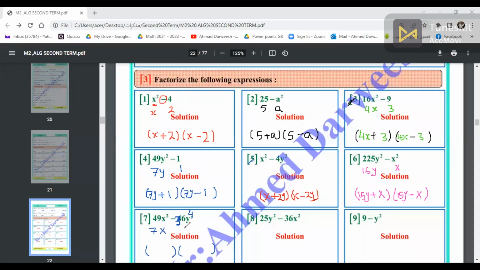And 36, its square root is 6. And y to the 4, its square root is half of the power, which is y squared. Half of the 4, which is 2. Good. Now we write 7x and 7x. Y squared, we said 6y squared and 6y squared, positive and negative.